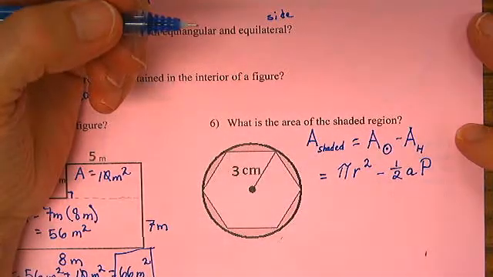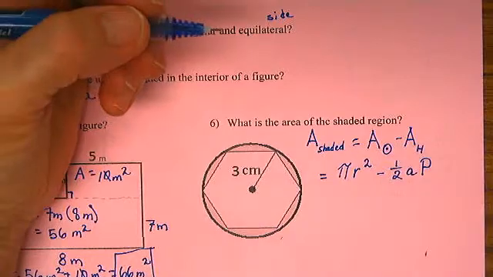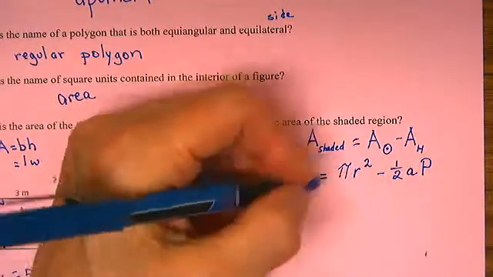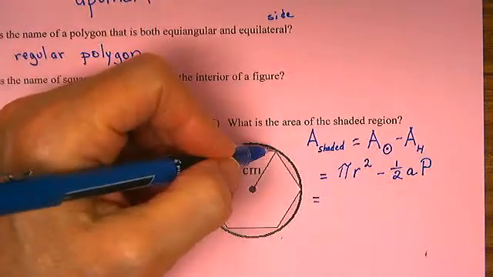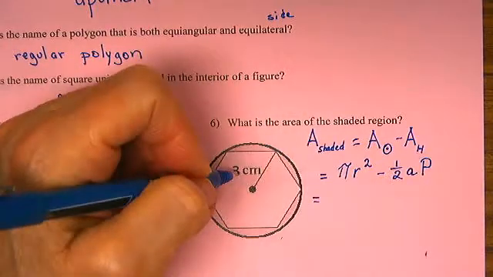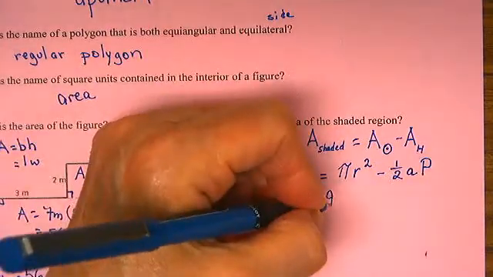How can we figure this out? Well, pi times the radius squared is pretty straightforward. The radius is 3. 3 squared is 9. 9 pi.